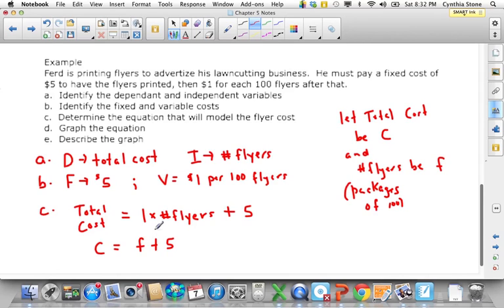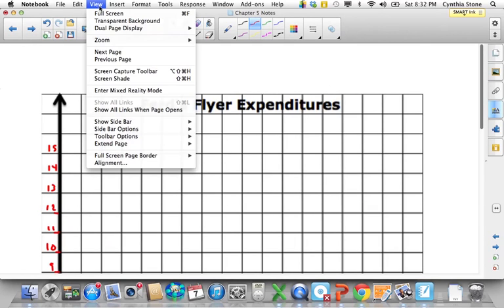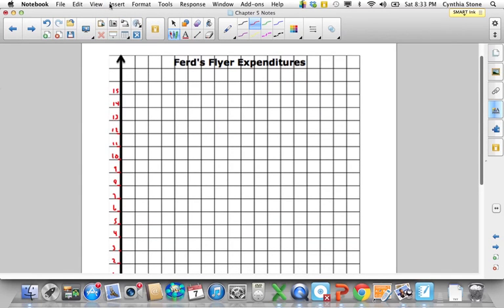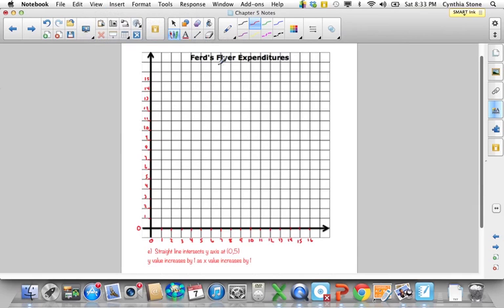Next it says graph that equation. Well, I just want to remind you again that dependent variable is y, independent variable is x. So let's look at the next page. I'll make this smaller so you can see the whole thing. So you can fill out your grid there.